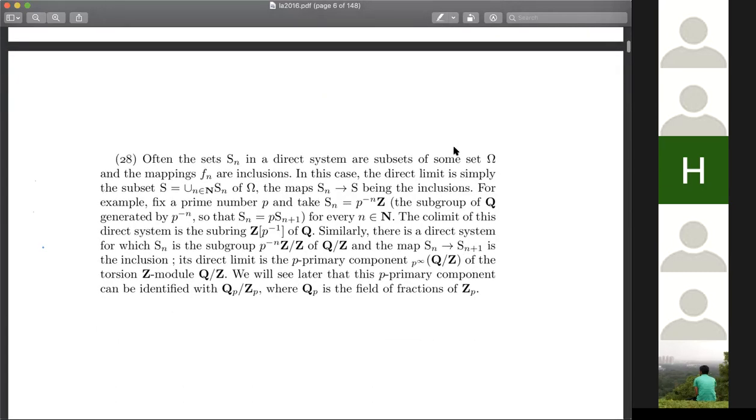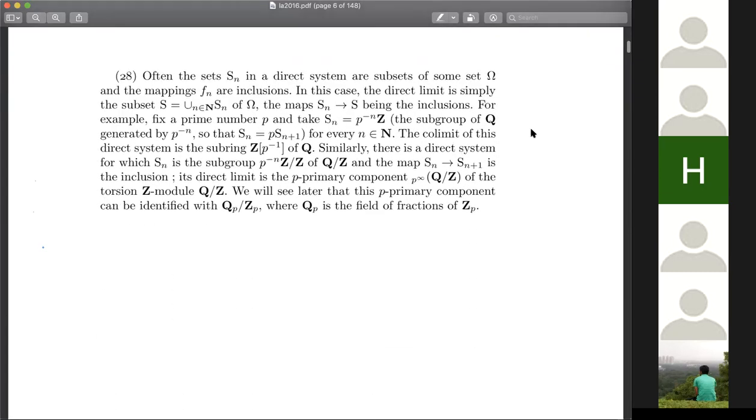So here is a simple example of the direct limit of things. Let's just take p equal to 2, right?